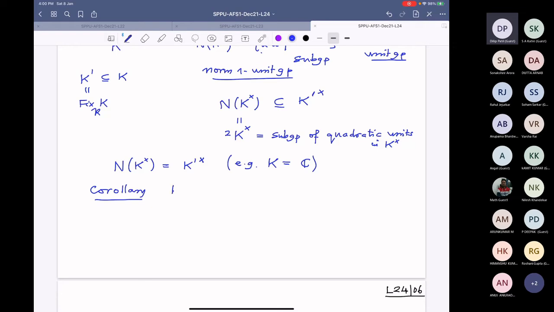So, K a field, and as usual assumption, and in addition to that, with K equal to 2K. This assumption is satisfied, for example, when K is algebraically closed.